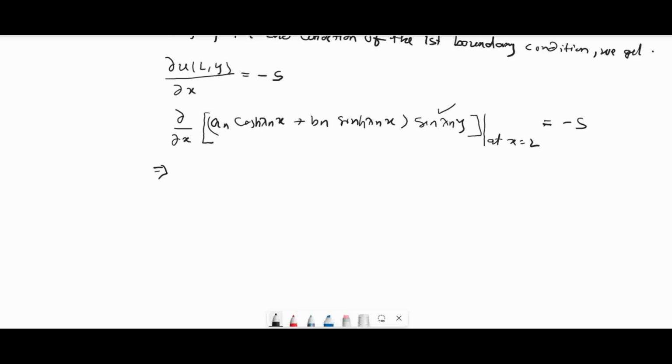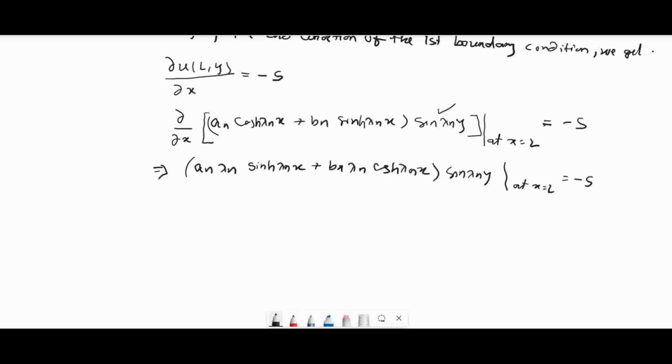So what you will get here? An lambda n sin h lambda n x plus bn lambda n cos h lambda n x, whole into sin lambda n y, at x is equal to L, equal to minus s.